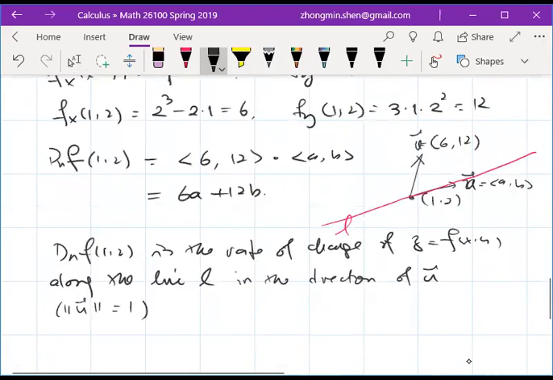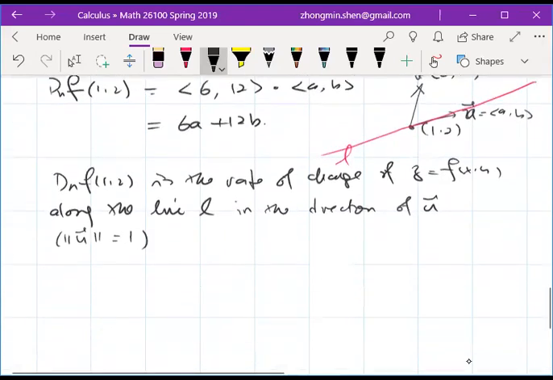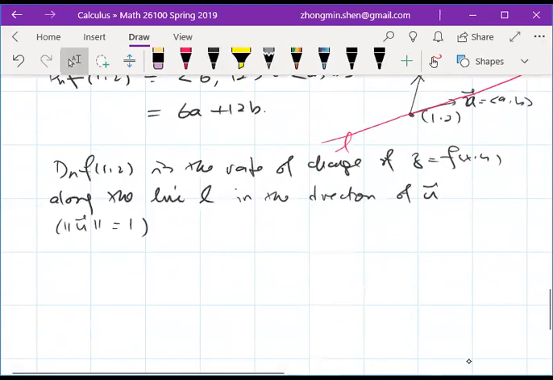So in the book, when they talk about directional derivatives, the vector always has a unit length. So be careful about that. It depends on the textbook.